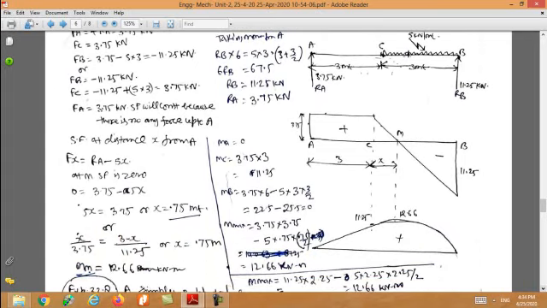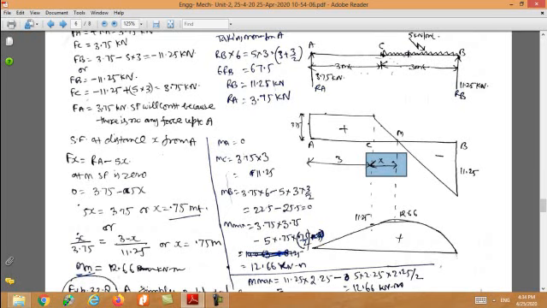And a point where you are seeing shear force is 0, we need to calculate this distance. Suppose this distance is x from C. Here you see how we can calculate.